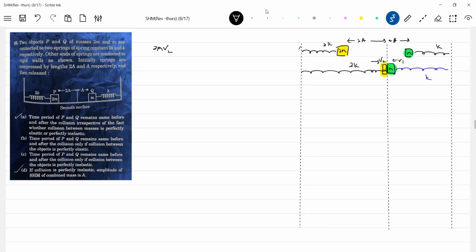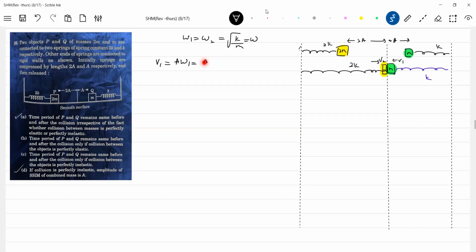So first we'll get into the initial 2m v2. What is v2? V2 should be equal to 2a omega 2. Omega 2 should be equal to, first we'll get all the things. Is that okay? 2k by 2m and k by m, both will be same. Both will have same angular frequency. That's the one thing. Next, what about v1? V1 will be a omega 1.